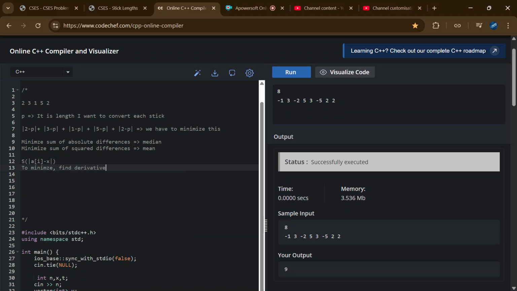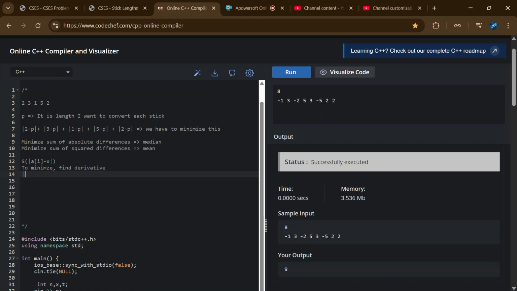And what is the derivative of any mod function? Suppose, what is the derivative of mod x? The derivative of mod x is the signum function, signum of x. How can you say that? You can directly imagine it. Imagine the mod x function. It's a V shape. For this side, its slope would be -1, and for this side, its slope would be 1.